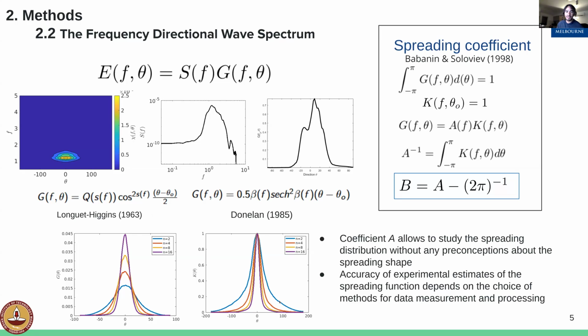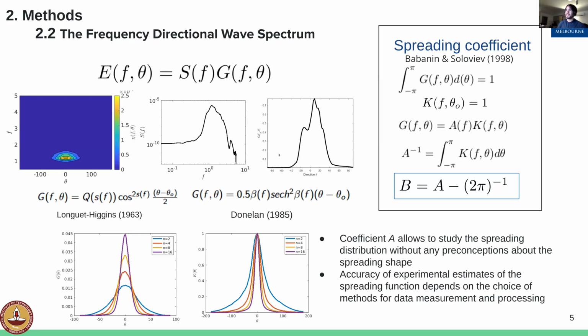By integrating them, we get the energy that is being spread, and we don't have to worry about the shape of the spectrum. Same as with the values of n, if this spreading coefficient is high, then the spreading is narrower, which means more focused propagation distributions. And if it's broad, waves are propagating at a wider range of directions.